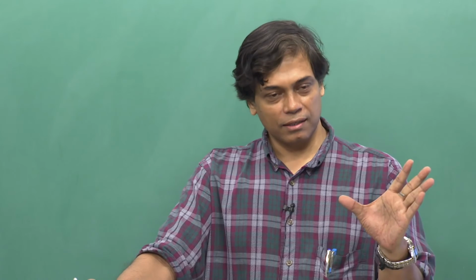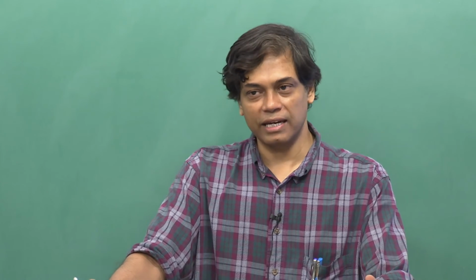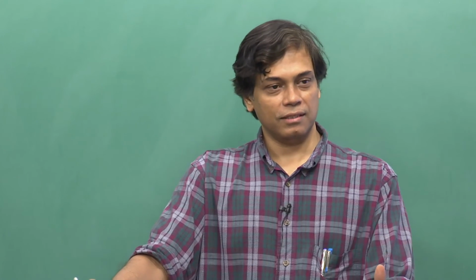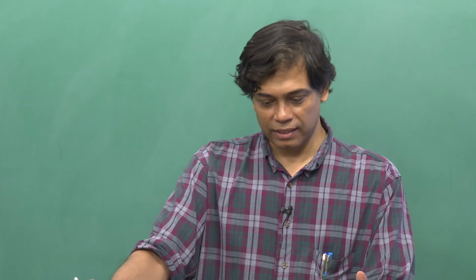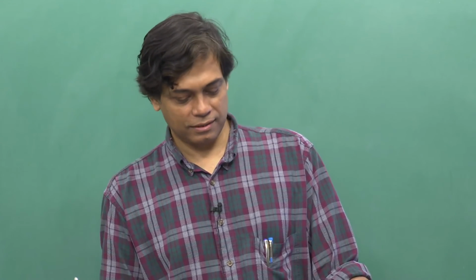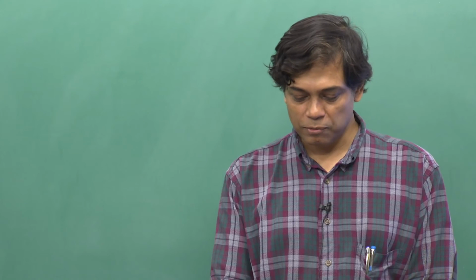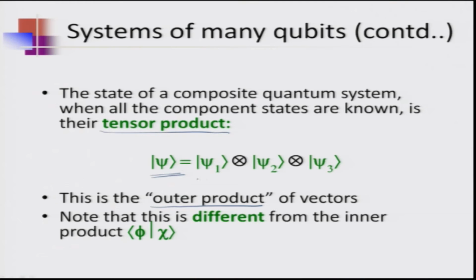But when I take an outer product, which represents the final state of all these different qubits that I have taken, my final state psi is essentially an outer product of all these 3 different states, which is a tensor product. And so, this is very different from the inner product.